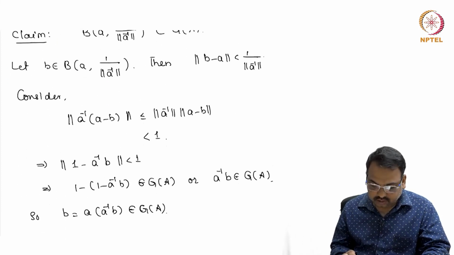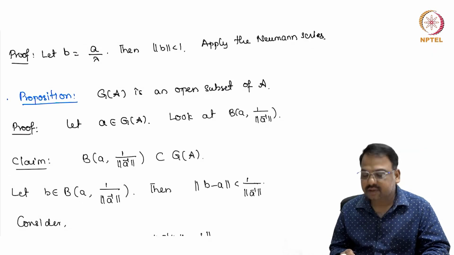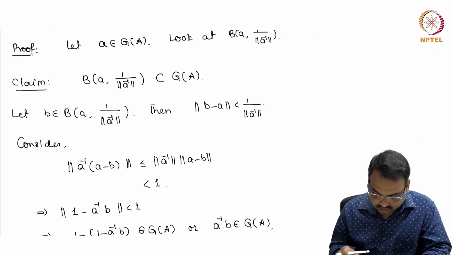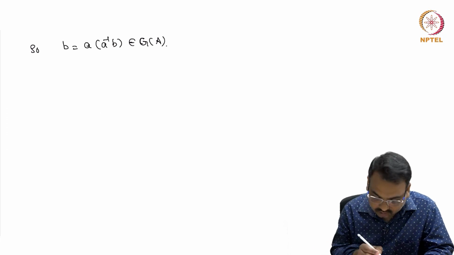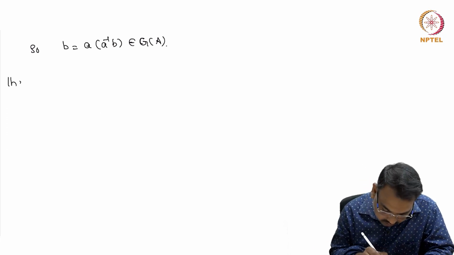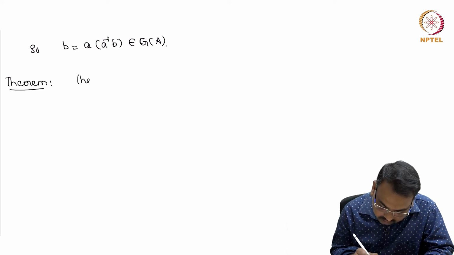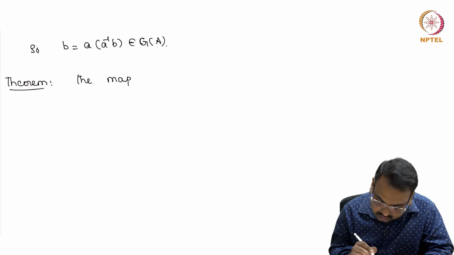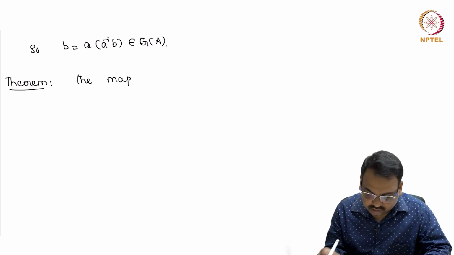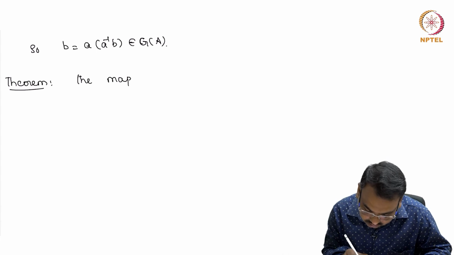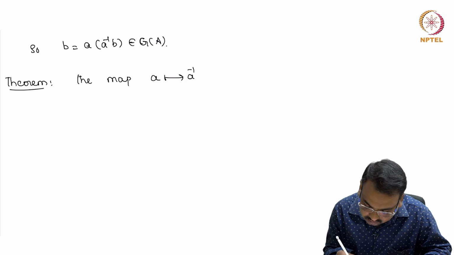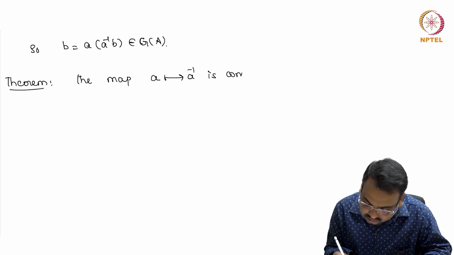So that means we can conclude that GA is an open subset of A. Now using this property we can also show one more important observation about this GA. The map A going to A inverse is continuous on GA.